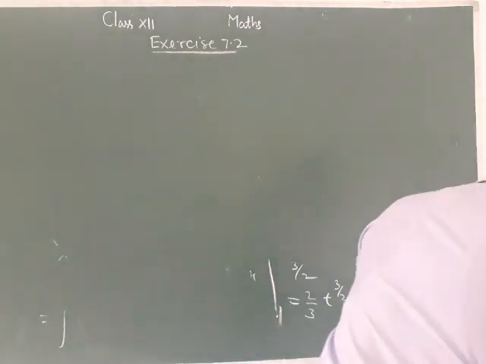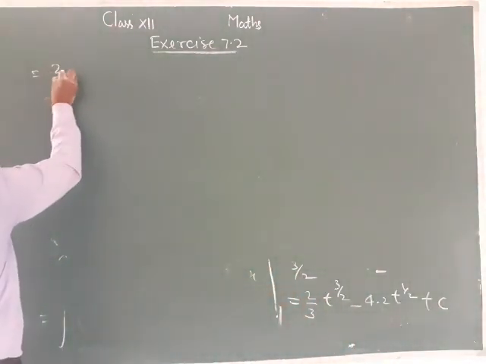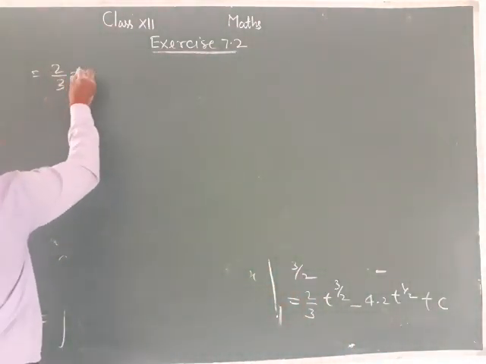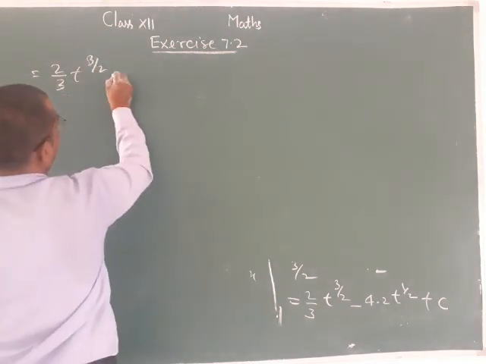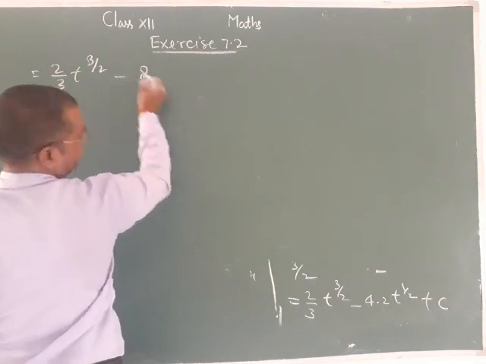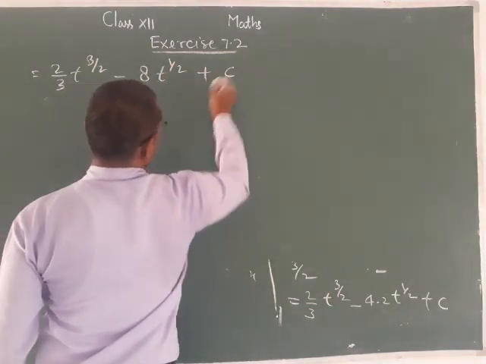So also we can write this pattern. So 2 upon 3 t to the power 3/2 minus 8 t to the power 1/2 plus c.